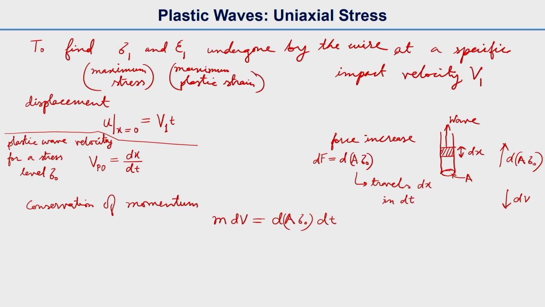Now the mass of this segment, if we consider rho naught as the density, and we know the cross sectional area is A, the mass will be written as dx rho naught A into small v, which will be equal to dA sigma naught dt.